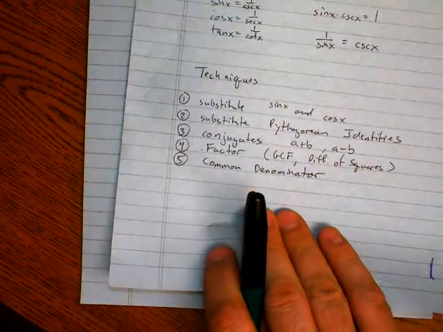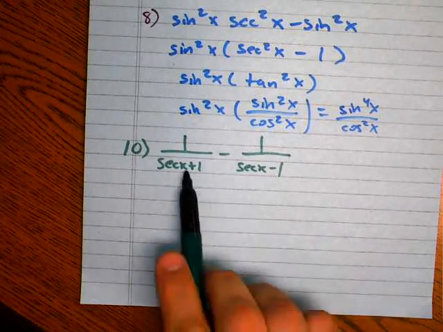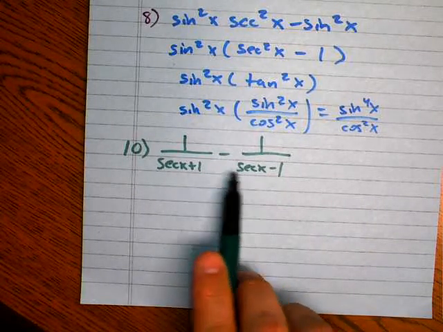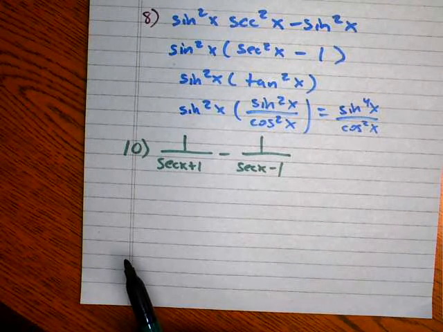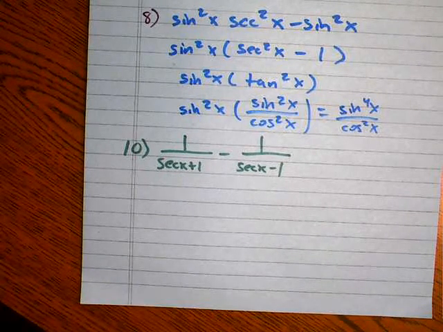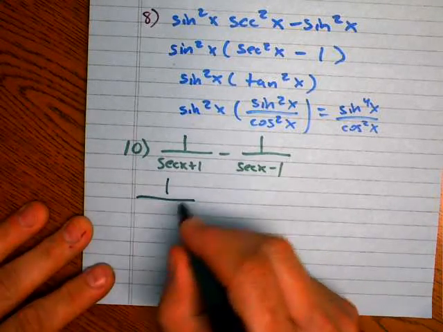Common denominator, number 5. Okay, so the common denominator, these are also conjugates. So I know that when I do the common denominator, I'm going to get a difference of squares. This is the level of analysis you should be able to do prior to the problem. If you're going to write out all the steps, it's going to be a lot more work. Okay? And let me demonstrate that.